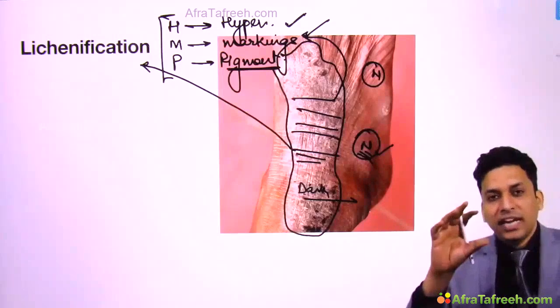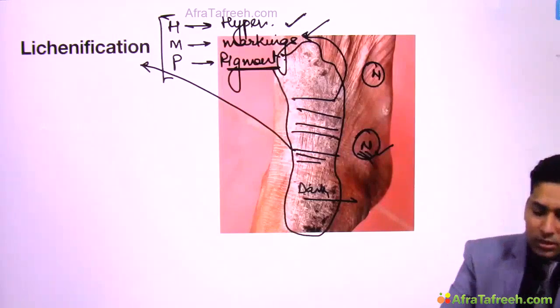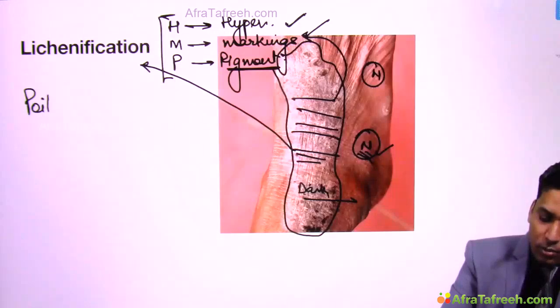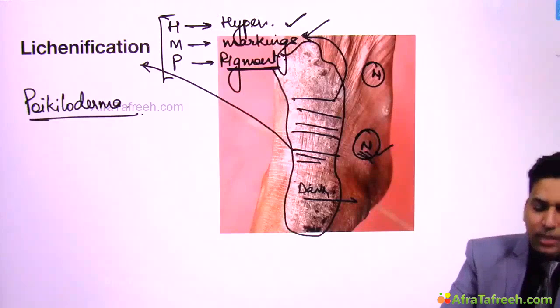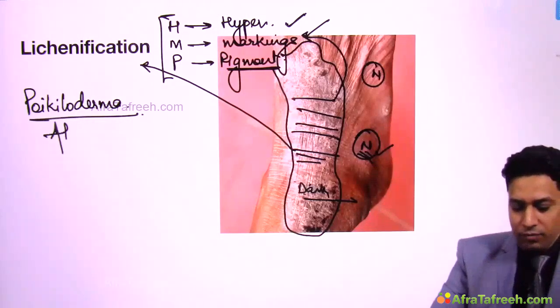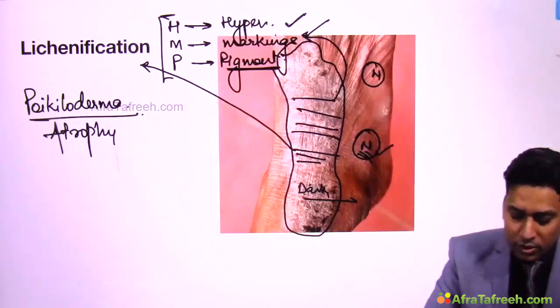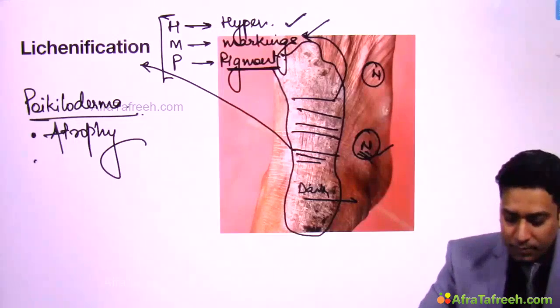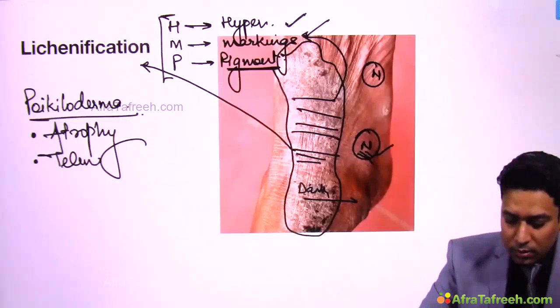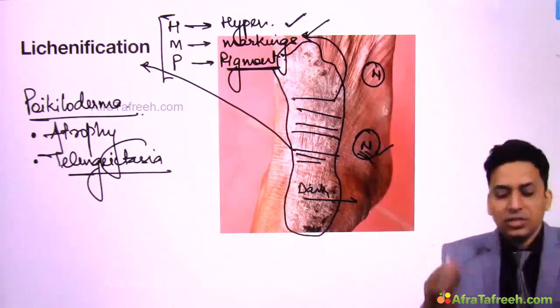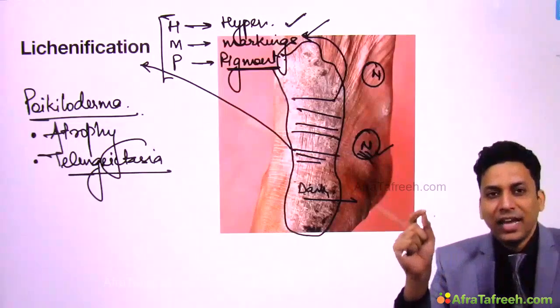Whenever we discuss lichenification, there is one more lesion which we should discuss, and that is poikiloderma. Poikiloderma is characterized by atrophy. So instead of hypertrophy, there is atrophy. Telangiectasia means increased superficial dilated blood vessels.